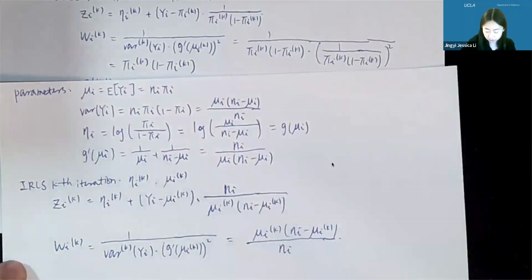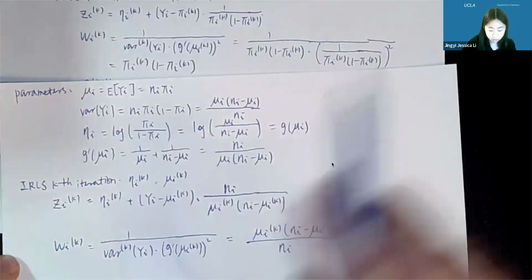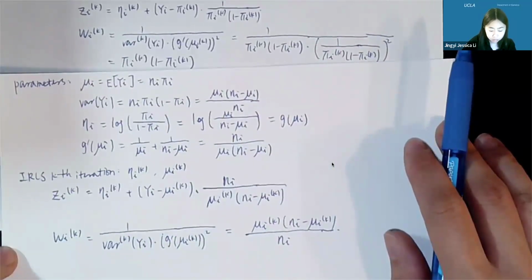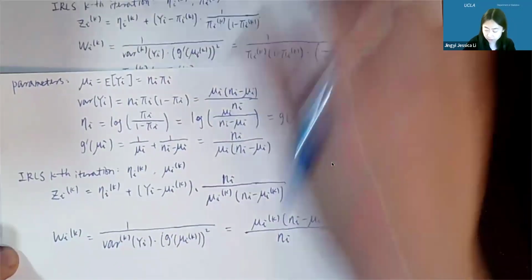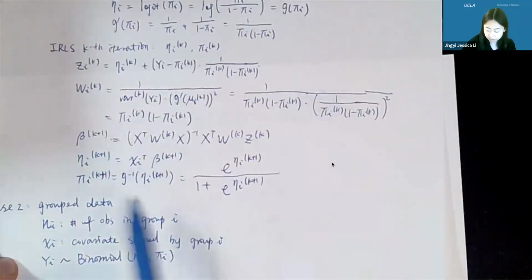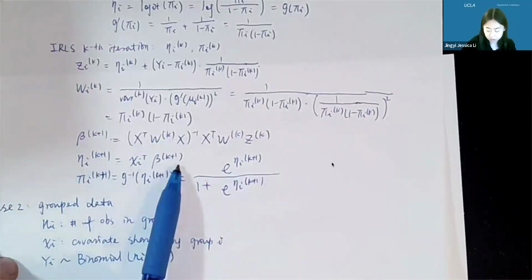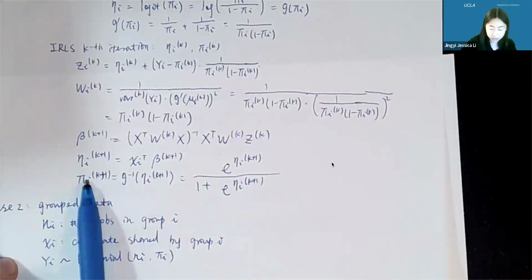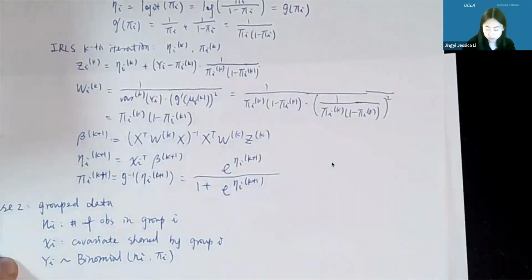Then with the working dependent variable z_ik and the weight w_ik, we do the update. Similar to what we have for the individual data, beta is obtained by weighted least squares. Eta_ik is the linear predictor, and pi_ik is the inverse of the link function. So these all follow.